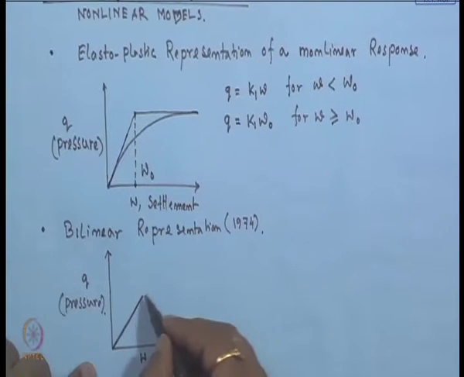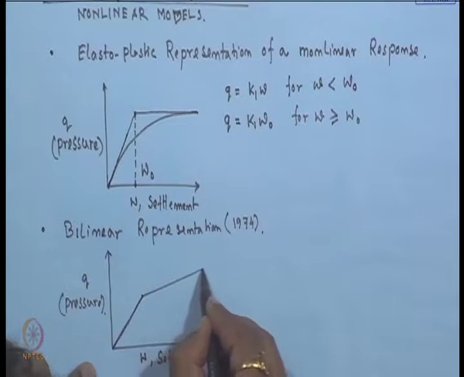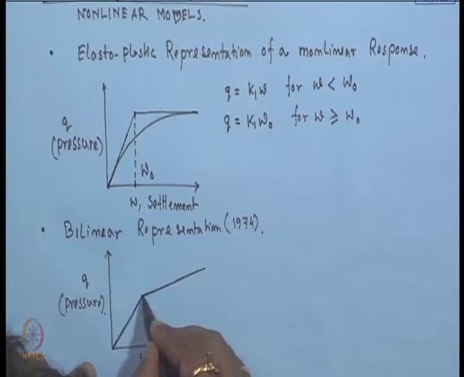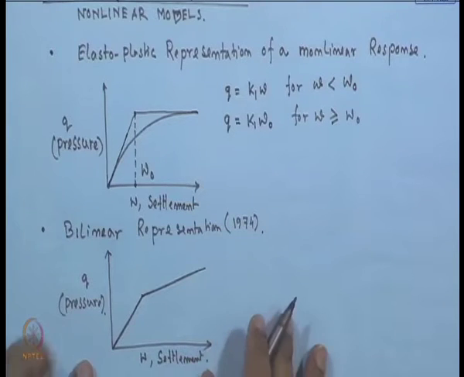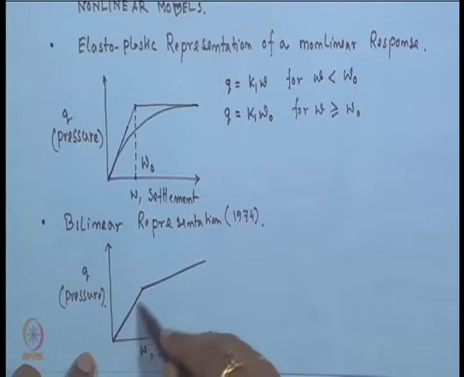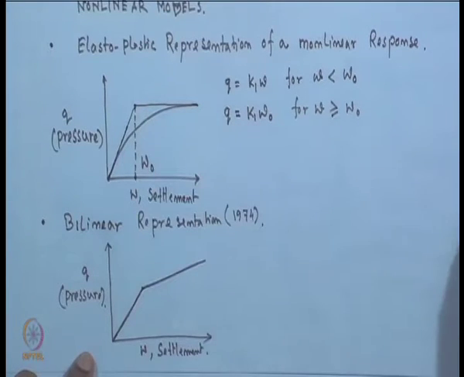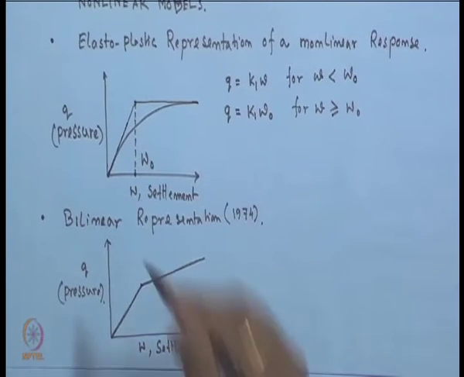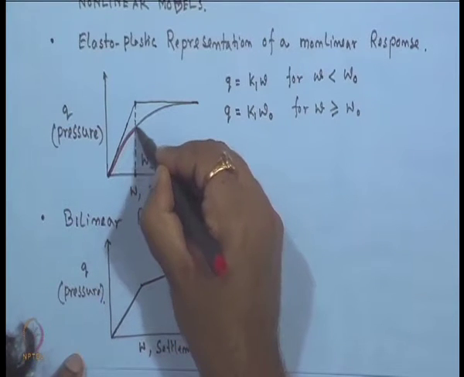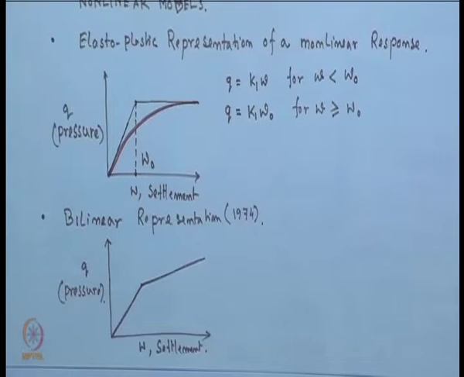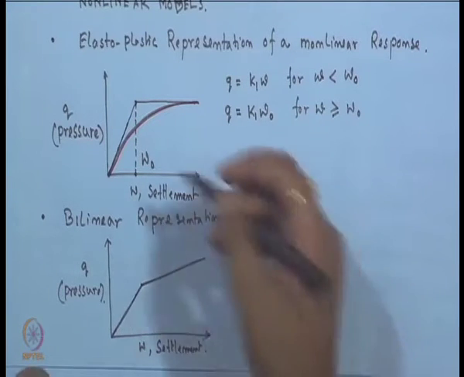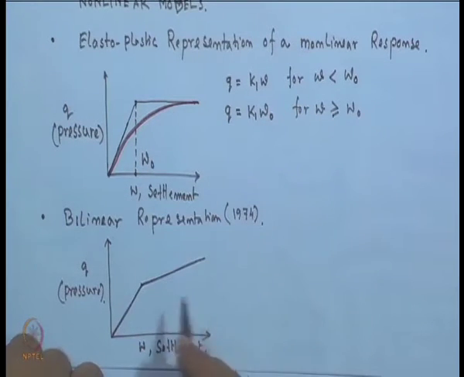This is one linear portion and this is the other linear portion of the curve. So, actually this is again the nonlinear behavior of the soil. The actual behavior of the soil is this red one, that is the nonlinear behavior of the soil. So, those things we are converting to a different form. First one is the elastoplastic representation, and second one is the bilinear representation.